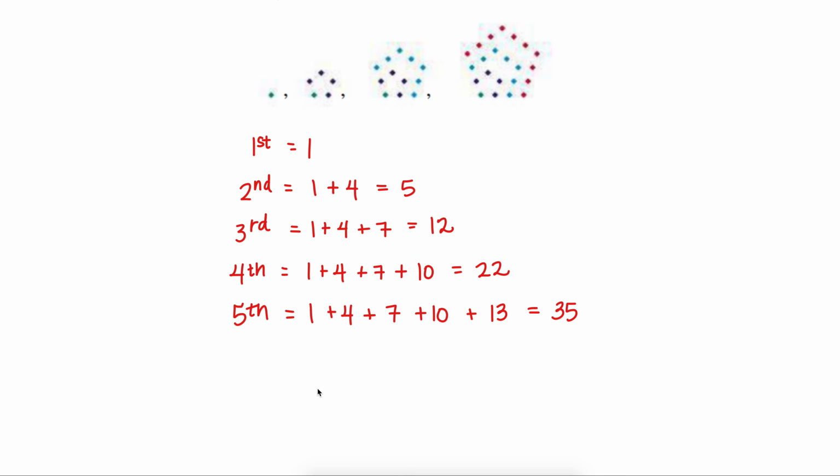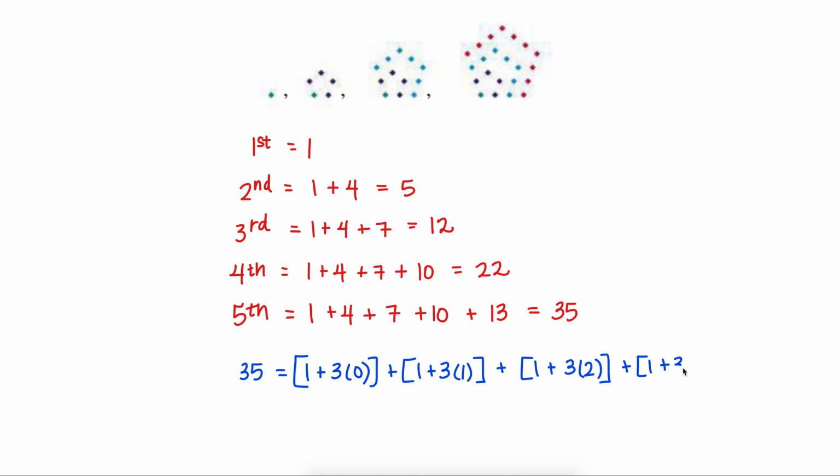There's 35 total, and I'm going to rewrite these numbers a little bit. 1, I'm going to write as 1 plus 3 times 0. 4, I'm going to write as 1 plus 3 times 1. 7 is 1 plus 3 times 2. 10 is 1 plus 3 times 3. And then 13 is 1 plus 3 times 4.